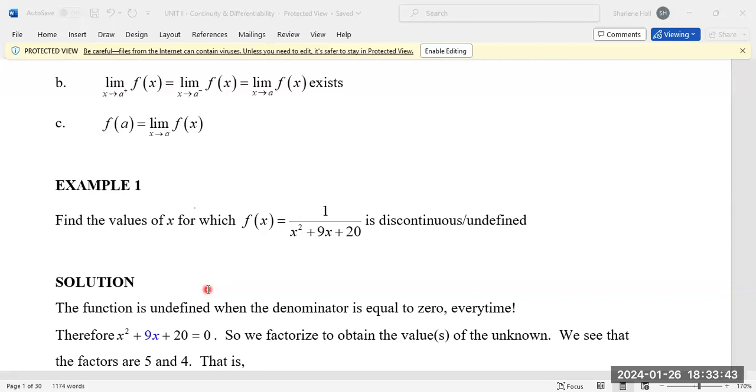That condition happens every single time. So, you know, when you put something over 0 on a calculator, it says math error. For calculus 1, calculus 2, we speak about it being undefined.